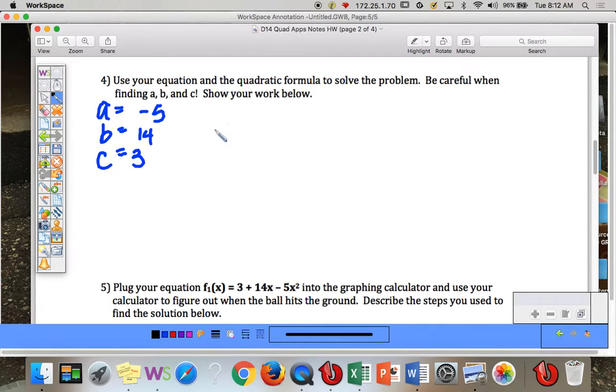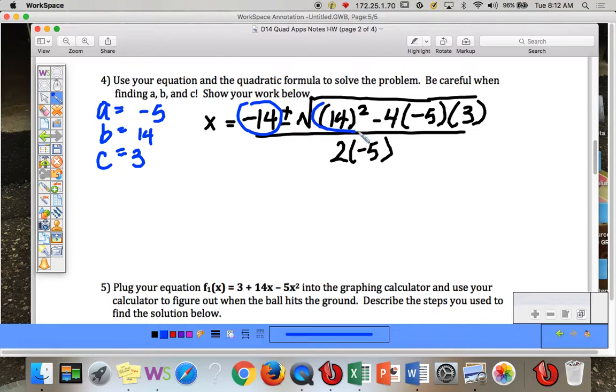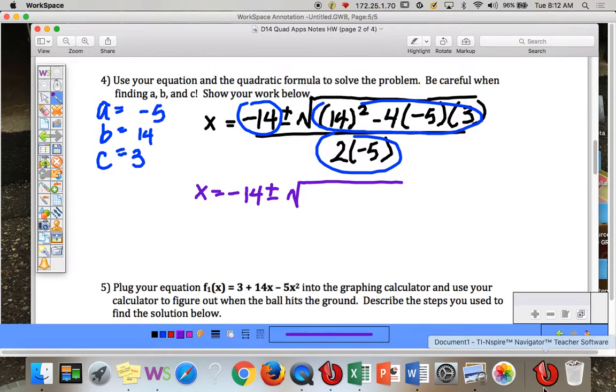I'm going to plug into the quadratic formula. x equals the opposite of b, plus or minus the square root of b squared minus 4ac, all over 2a. So we're going to figure out these three numbers right here. So we have x equals -14 plus or minus the square root. We'll type this in.